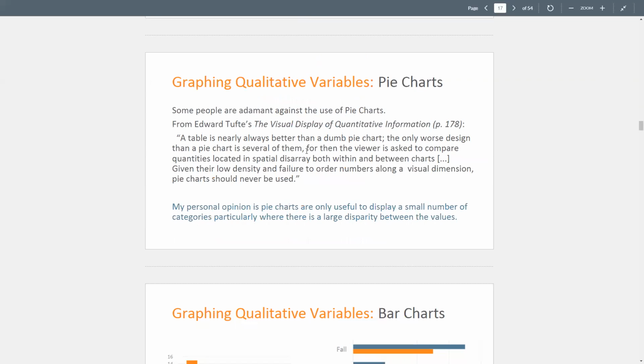I love this quote from Edward Tufte's book The Visual Display of Quantitative Information: a table is nearly always better than a dumb pie chart. The only worse design than a pie chart is several of them. So you can see that Edward Tufte also doesn't agree that pie charts are very effective ways of displaying information.